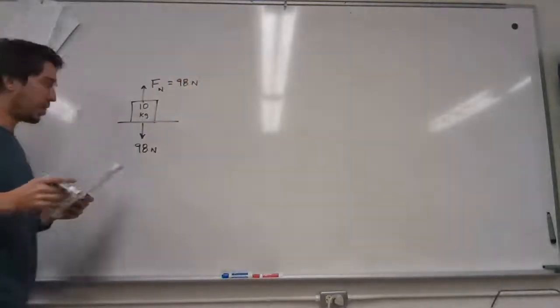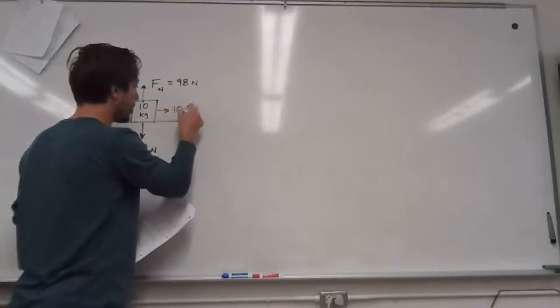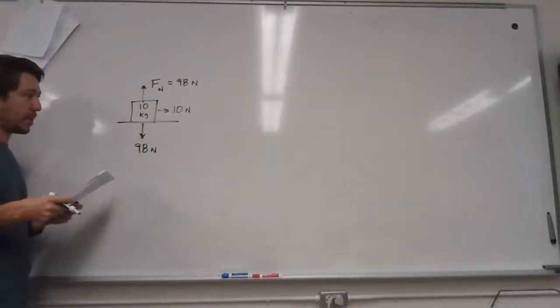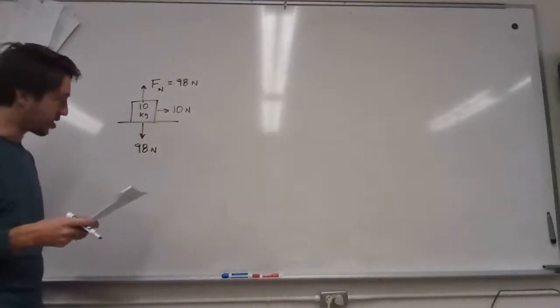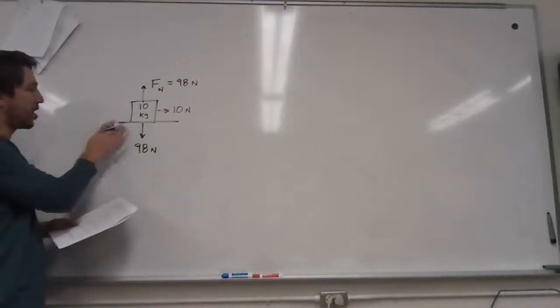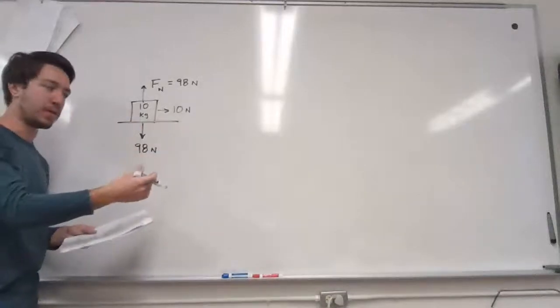The first one says, let's say we push this block to the right with 10 newtons of force. Well, you might go, how much static friction can this surface provide? What is the maximum amount it's able to do?